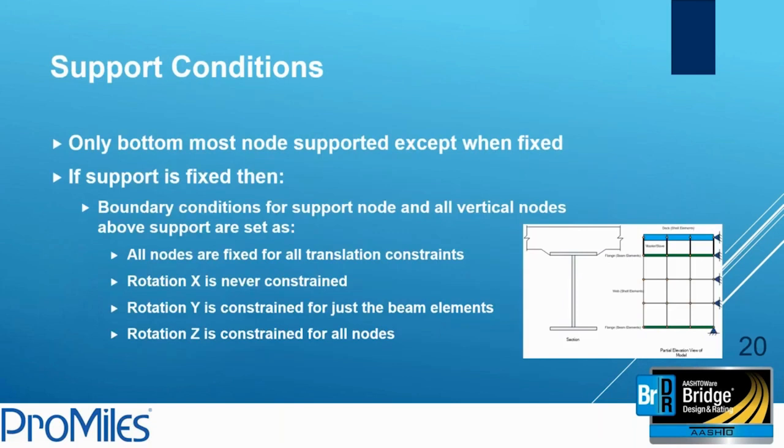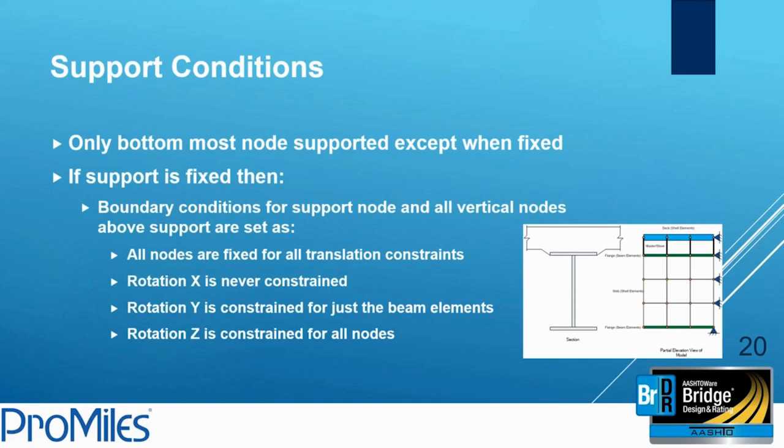Support conditions. If none of the supports are fixed, generally the bottommost node of the support, or the bottommost node under the beam element, is supported. Everything above that is generally free. But if the support is designated as fixed, then all the vertical nodes are constrained for translation.